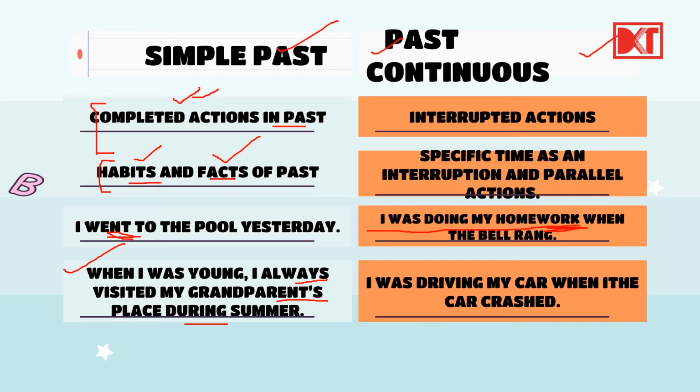When the bell rang. तो मैं process में थी अपना homework करने के कि अचानक से वो interrupt हुआ. The bell rang. So an interrupted action is represented by past continuous.